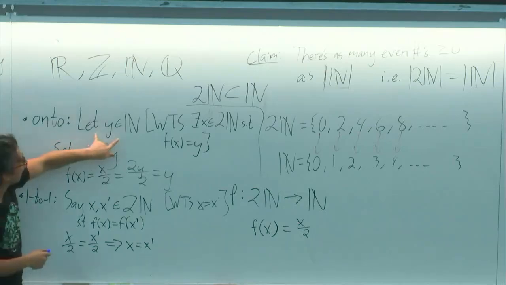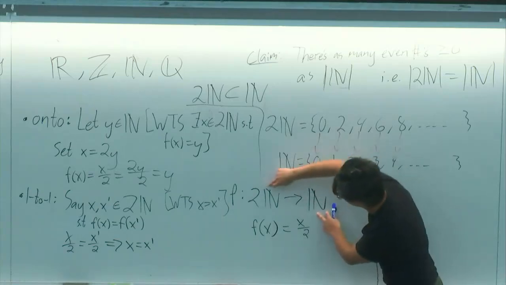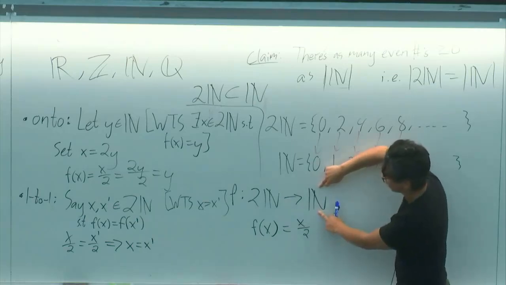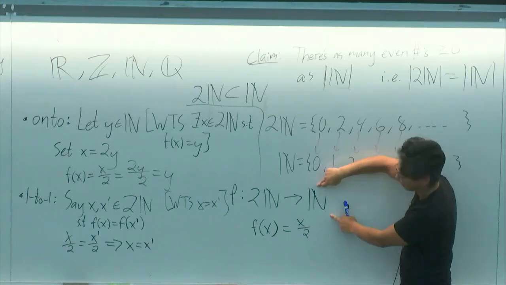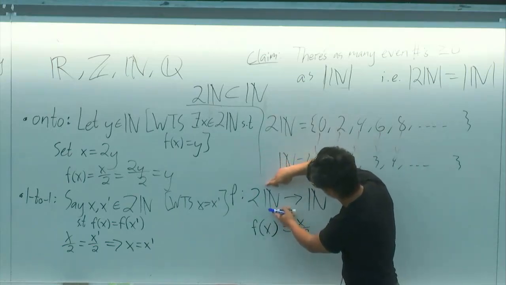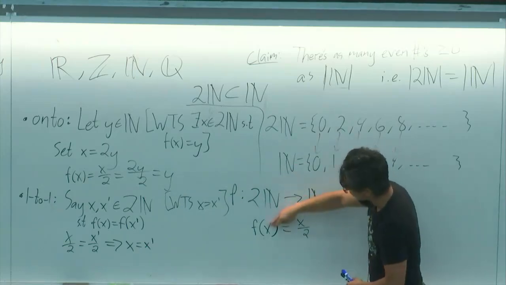Onto means everything in here should have something mapped to it. So we chose something on the right-hand side and showed that we can find something on the left-hand side that maps to it. And for one-to-one, we just want to show that if any two things collide with the function, they were actually the same thing.